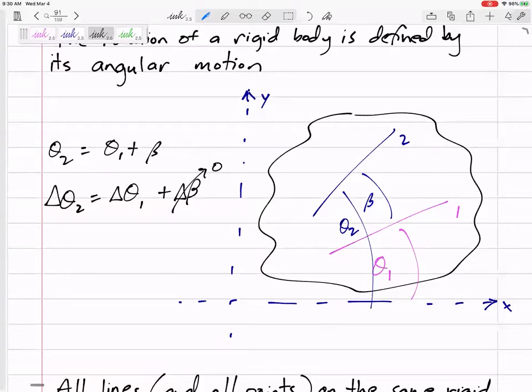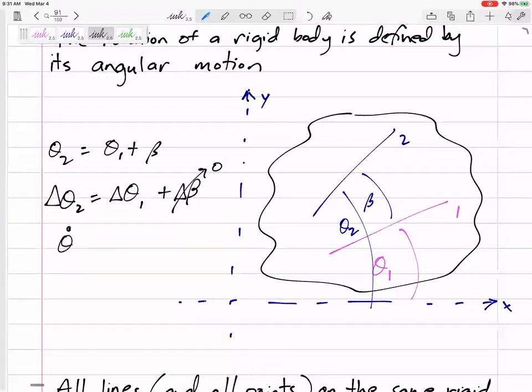The whole thing rotated 25 degrees or something. But you only have one change in angle for one rigid body. Does that make sense? It's not like this portion of the rigid body changed 20 degrees, but this portion changed 40 degrees. No, the whole thing can only change one angle. Every line changes that angle.